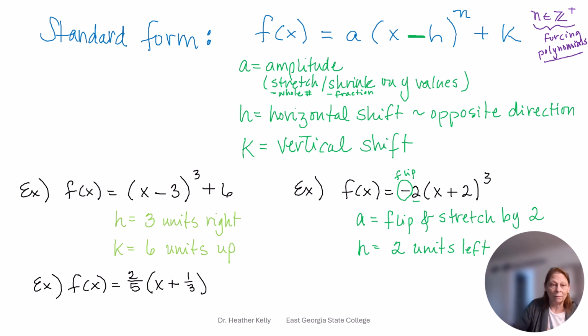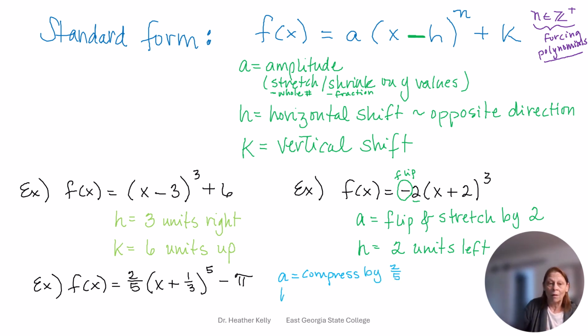And I'll just make it ugly with all those lovely fractions, and I'll even put in another crazy number like pi, just for the craziness of it. So here we have all 3 here. We have an A, and our A is 2/5, and that means that we are going to compress or shrink by 2/5.